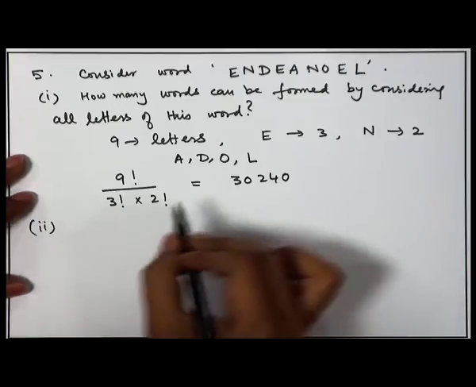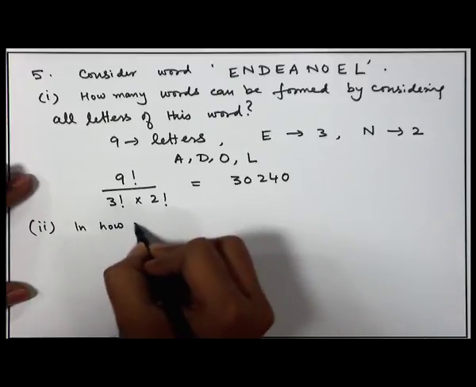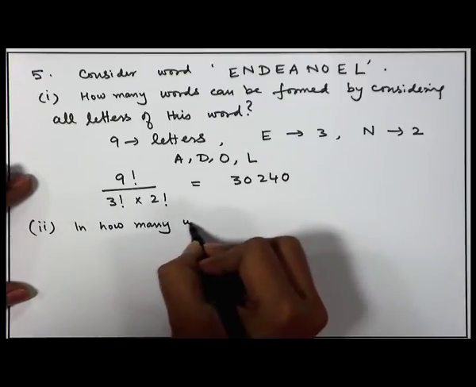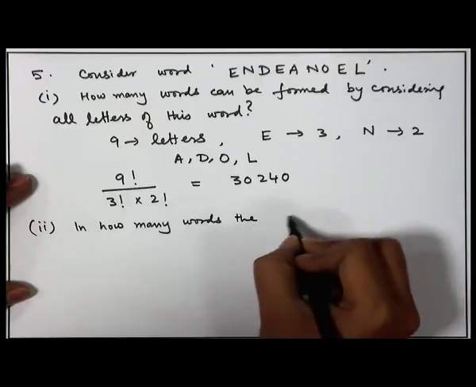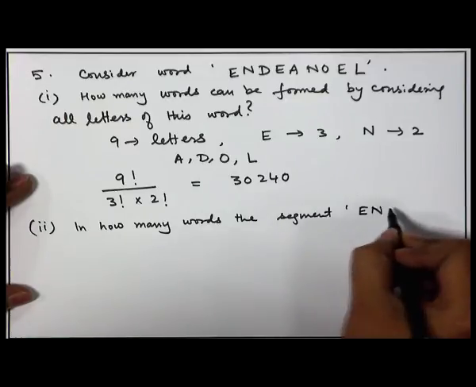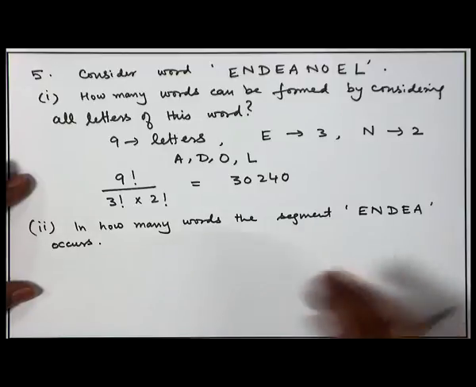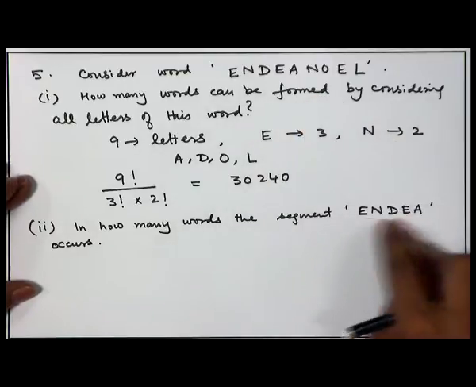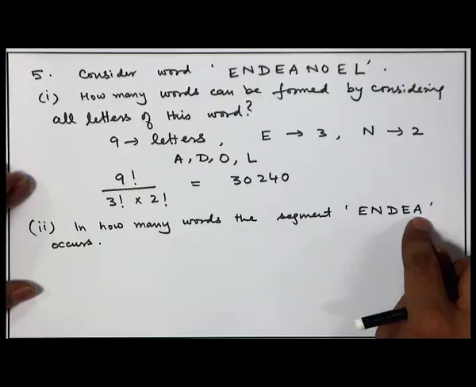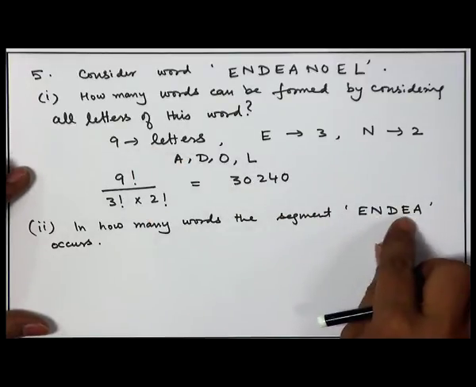Now, suppose we fix that a particular segment, say N E N D E A, occurs. Out of these 9 letters, if we choose these 5 letters which have to necessarily appear, then the total number of objects will be only 4 plus 1, 5, because these have to appear together.